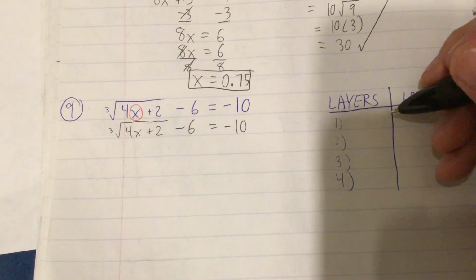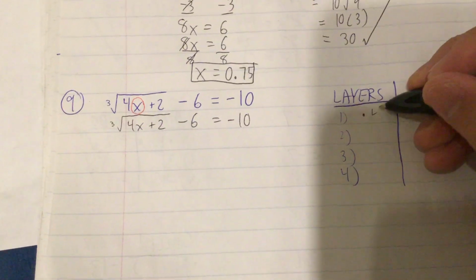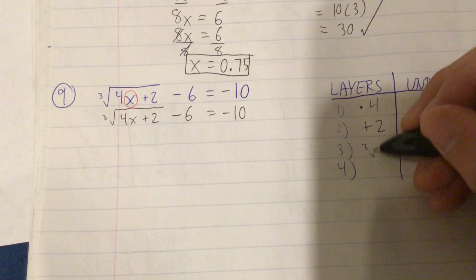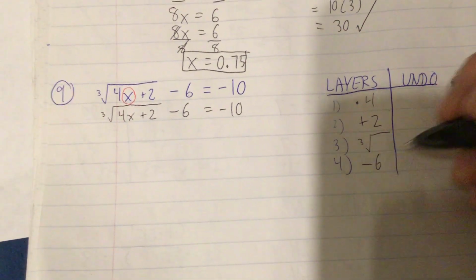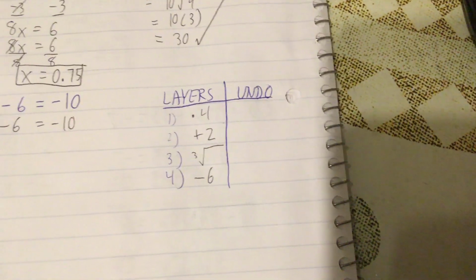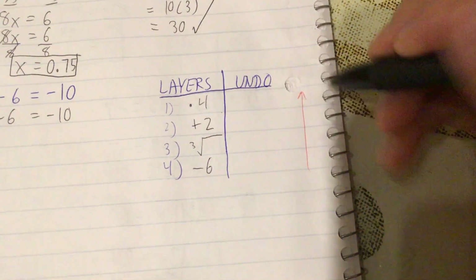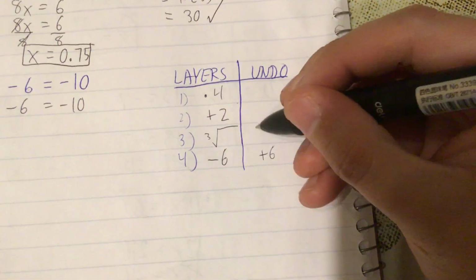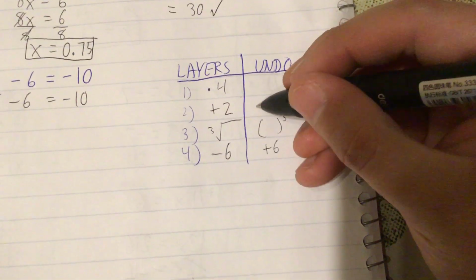All right, first things first, times 4 plus 2, getting cube rooted, and then subtracted by 6. Here we go. I want to undo all those layers. Plus 6. Cube.